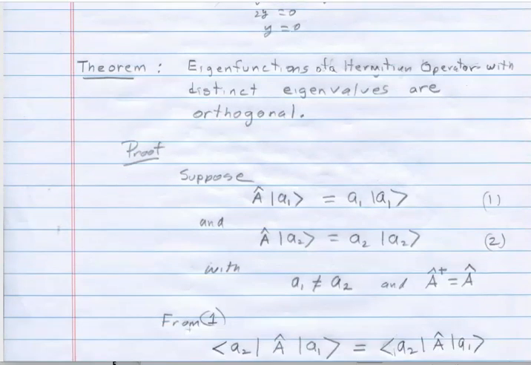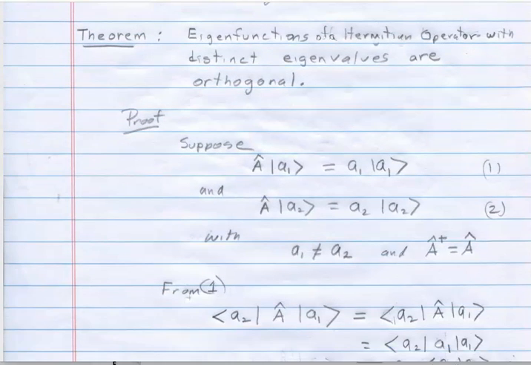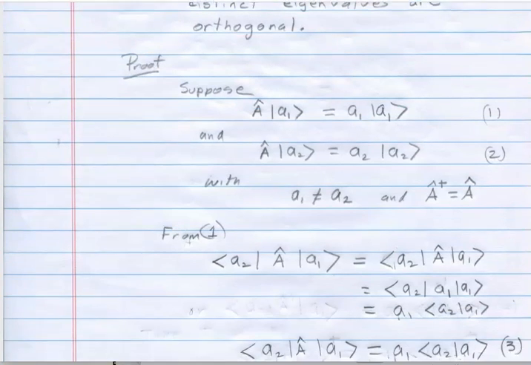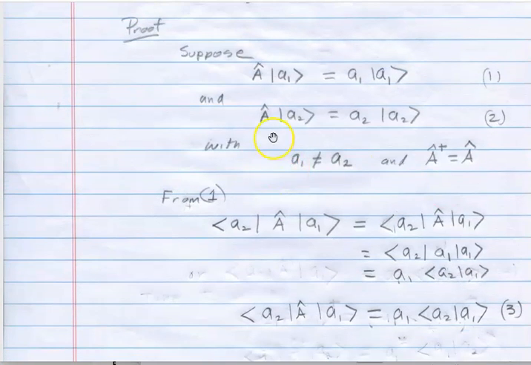Another one, I don't know if we proved this one: eigenfunctions of a Hermitian operator with distinct, i.e. different eigenvalues, are always orthogonal. And we do a kind of similar thing here. Again, I've got a Hermitian operator.